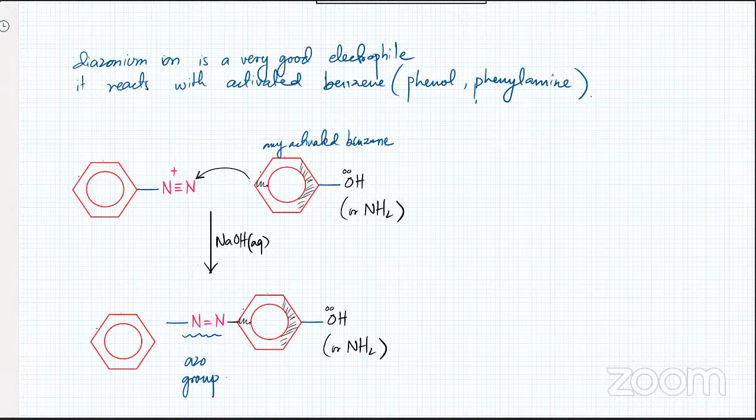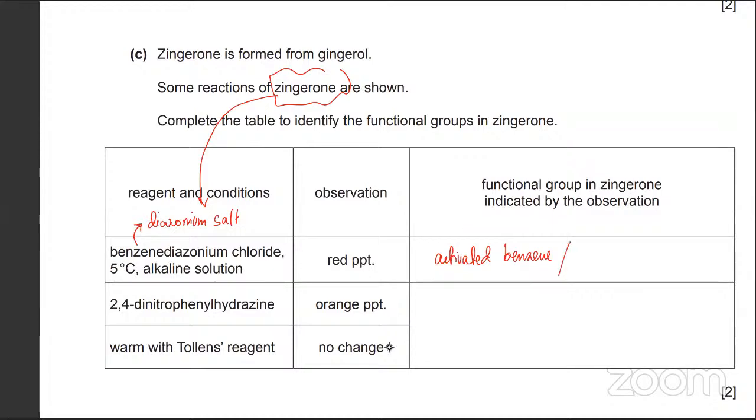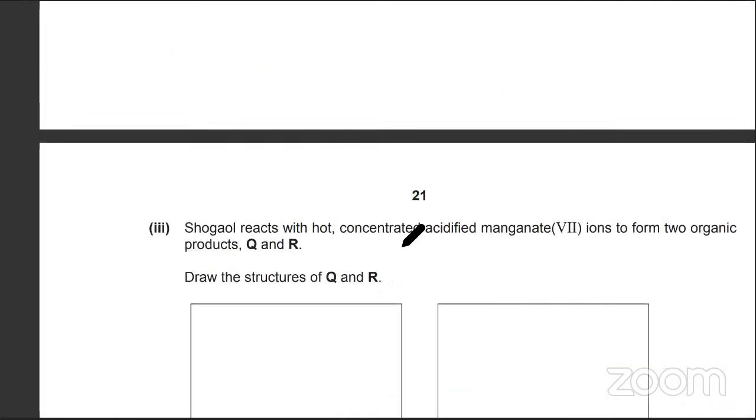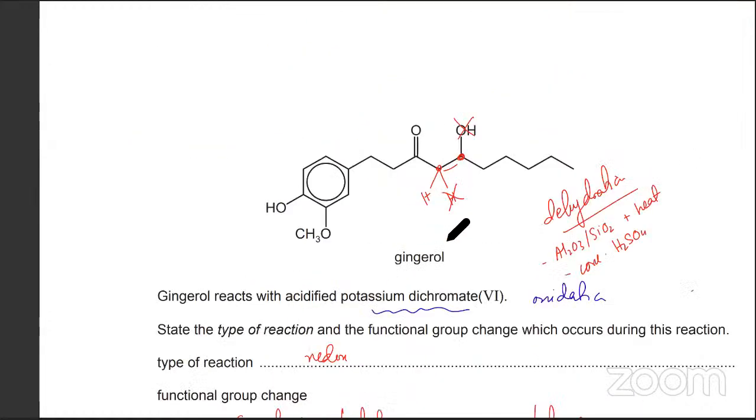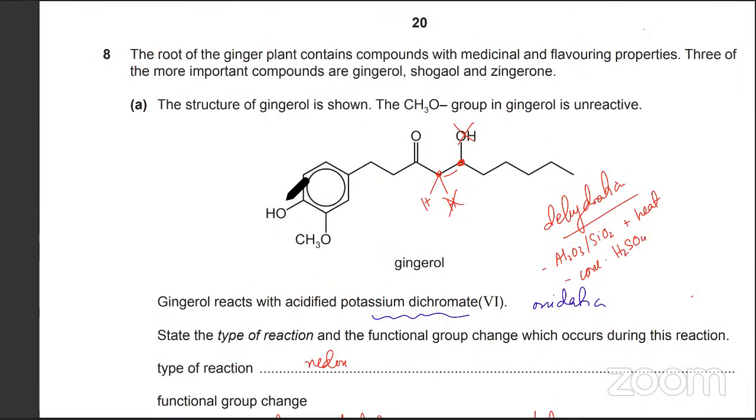So there has to be an activated benzene. And I think the reason we can rule out NH2 is, I mean, it's going to be a phenol. The reason we can rule out NH2 is because he said that it was being made from gingerol, which is this thing. That thing never had an N. It had a phenol, it didn't have an N.